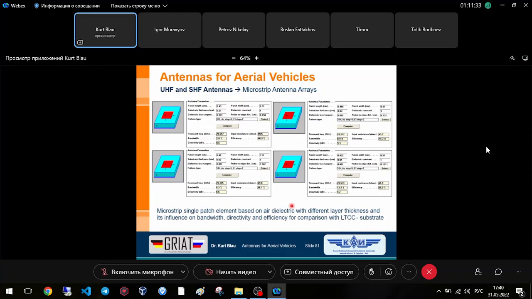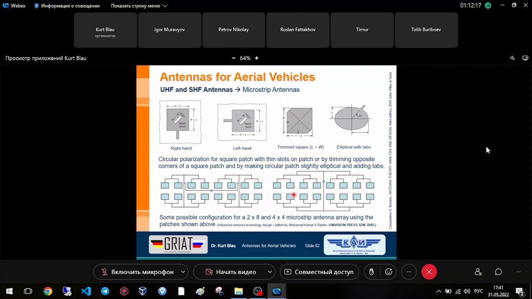And it's clear the dimensions of the patch elements, the width and length, are also smaller, but you have to pay for this with a worse performance of such a patch element. And now in the next slides, we will discuss what happens if we use a single element with more or less good performance in an array consisting of n such elements.